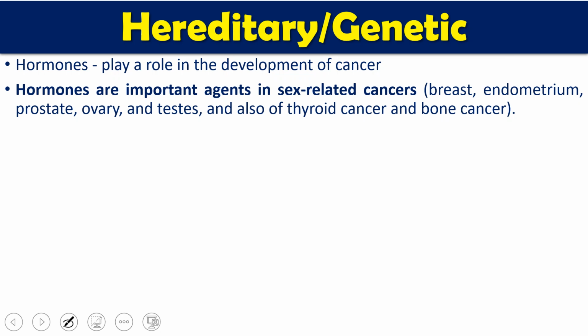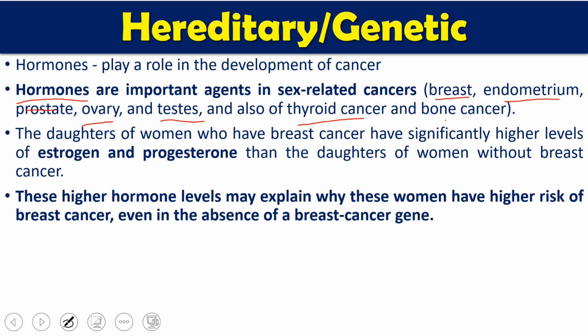Whatever cancer is caused because of the hormonal effect is mainly secondary sexual character or sex organ related cancers. So either it will be breast cancer, endometrium cancers, prostate cancer, ovary cancer, testis cancers, or sometimes thyroid cancer or bone cancer. But in most of the cases, hormonal effect causes sexual character, organ related cancers.